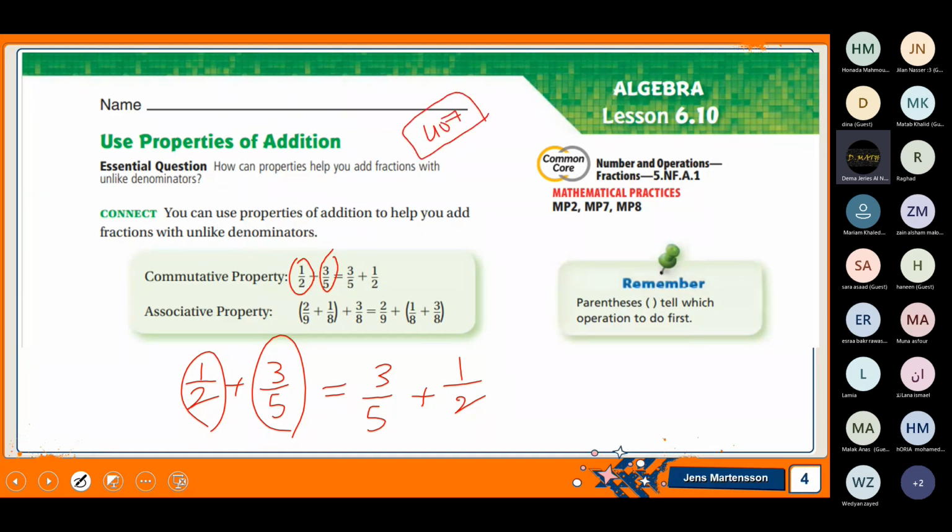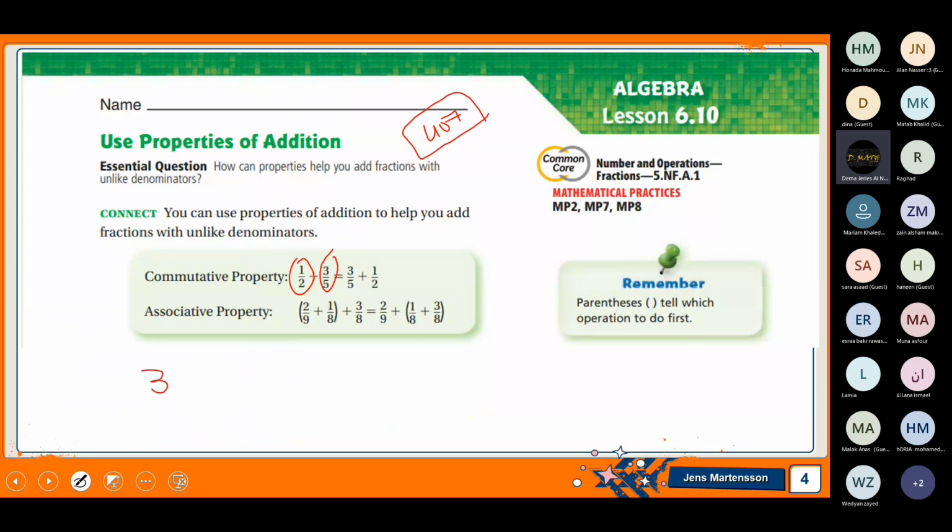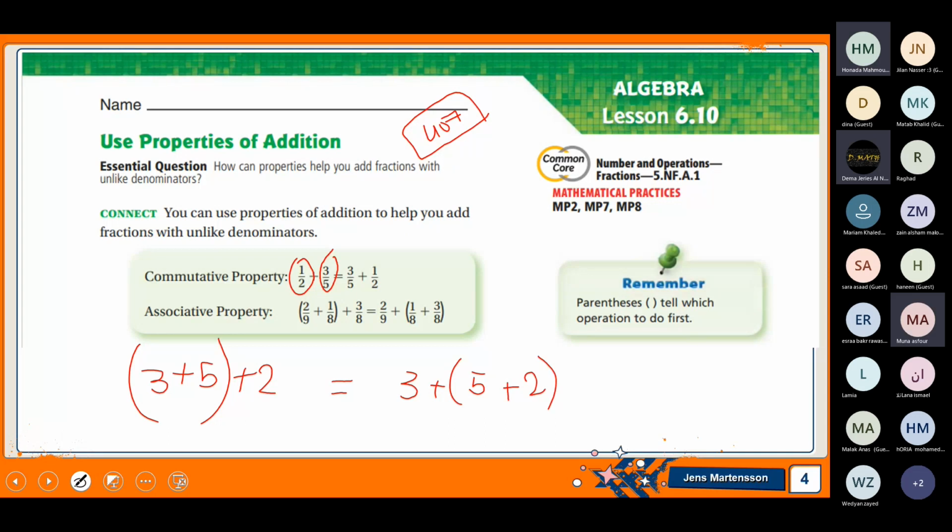Now, let's talk about the associative property. What do I mean by the associative property? Do you remember before, when we have 3 plus 5 plus 2, it is the same as 3 plus 5 plus 2, with different grouping. Do you remember that? Yes, teacher, of course, from grade 3. What do we call this property? The associative property.